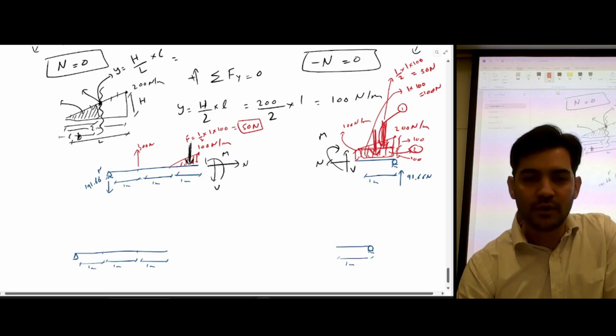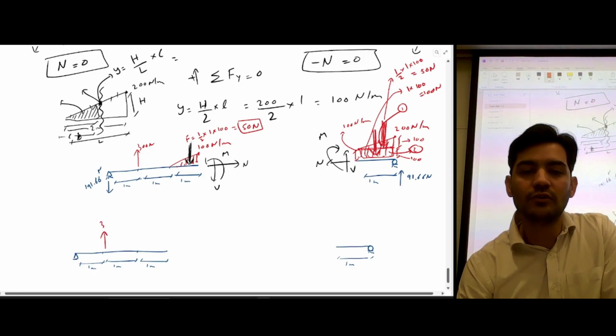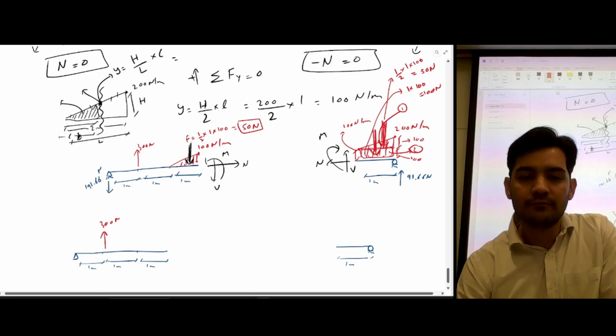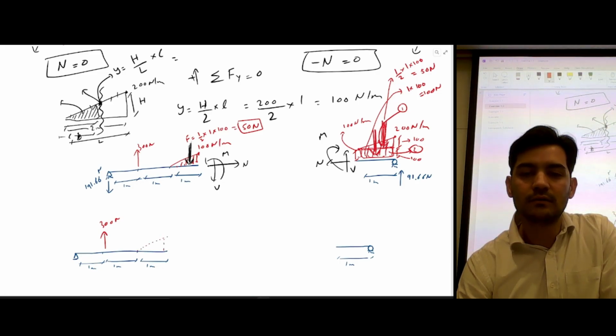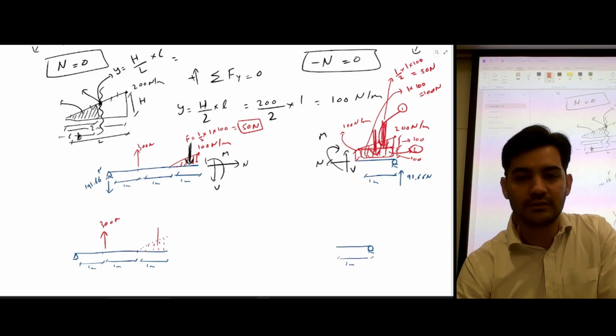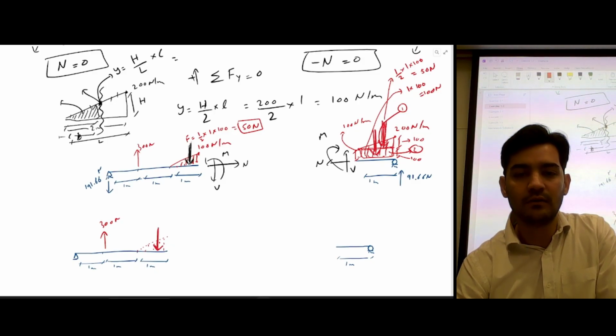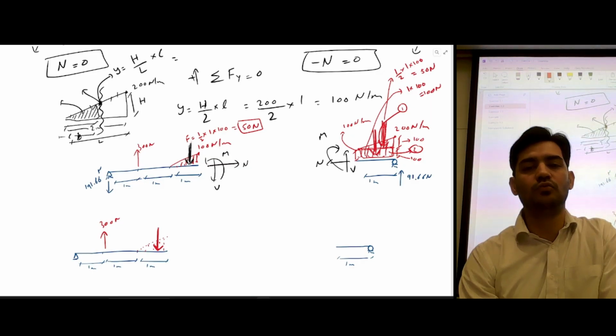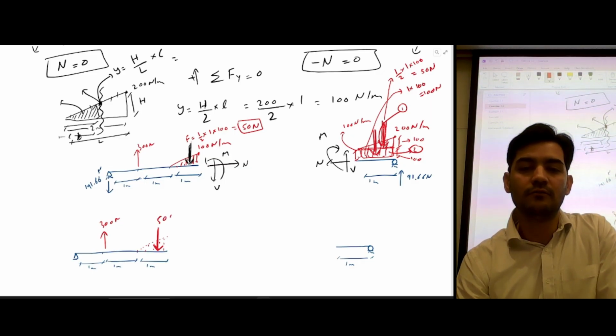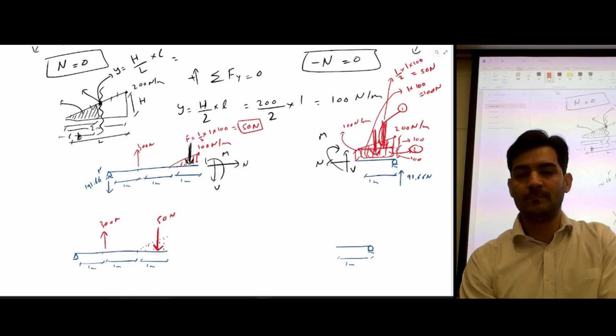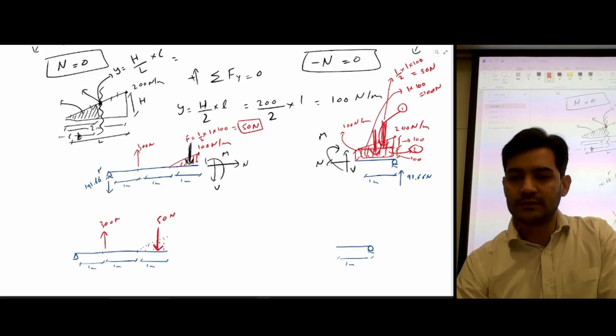So this is the situation right now. We have a force of 300 Newton, and then we had a triangular distributed load, but we replaced it with a point load to simplify our life. That's 50 Newton. Here also we did the same thing.